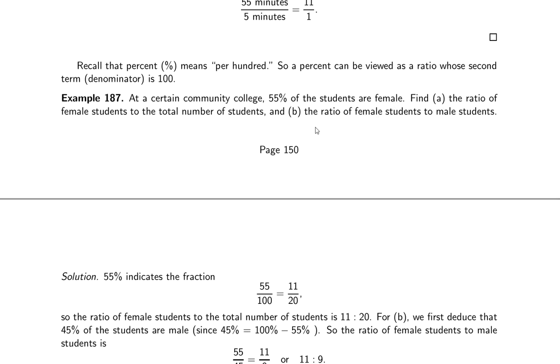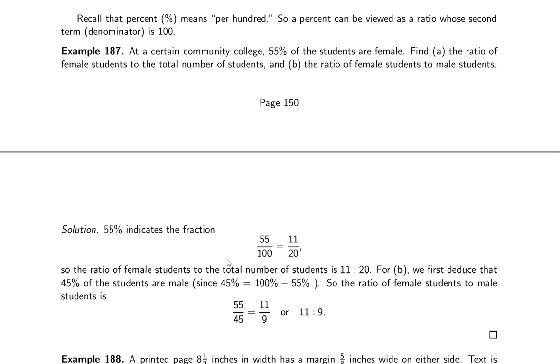And that's part A. How about part B? Well, if 55% are female, then 45% have to be male, so the total is 100%. Comparing females to males, now we're comparing 55 to 45.